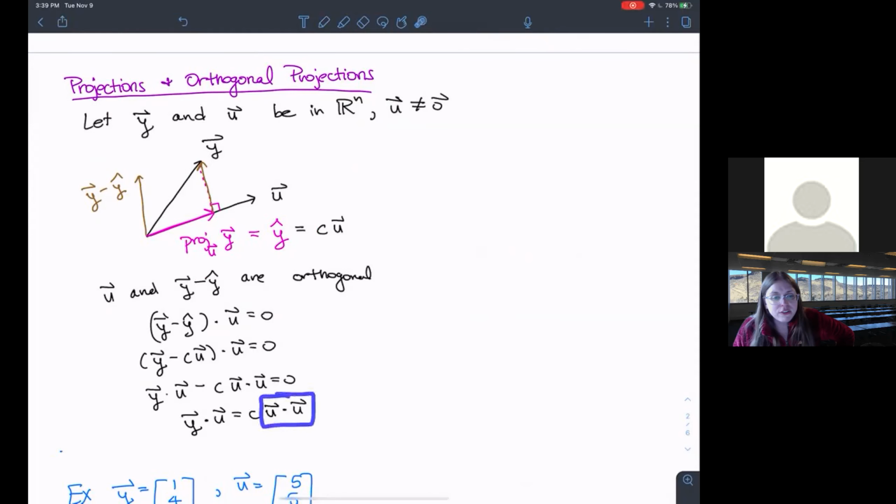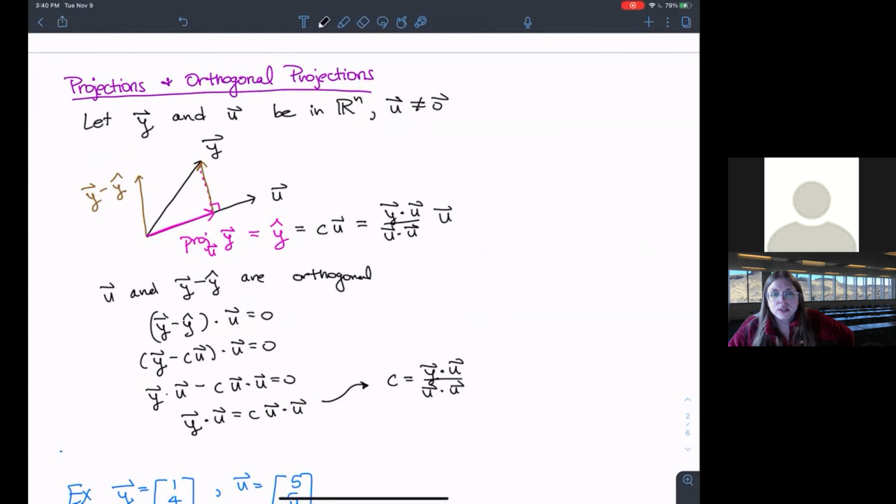Again, a product of a vector with itself is just the magnitude of that vector squared. So because u is not the zero vector, this expression u dot u is not 0 either. So this tells me that c is y dot u over u dot u. And so y hat has the form y dot u over u dot u times u.